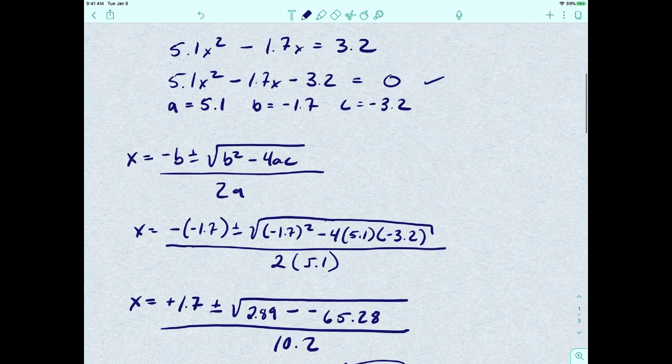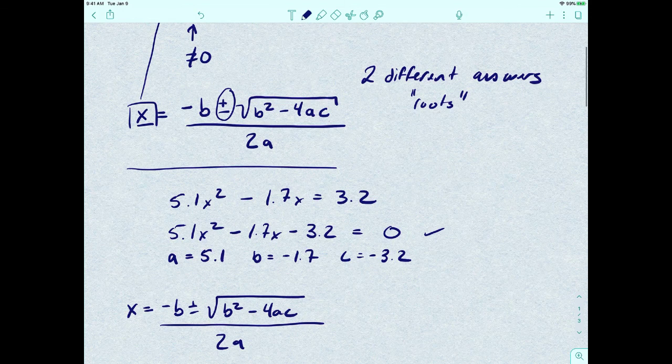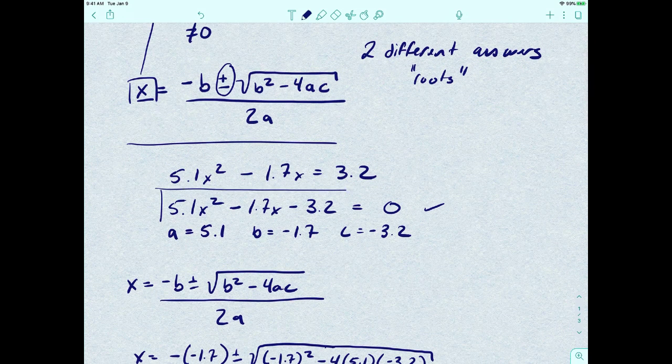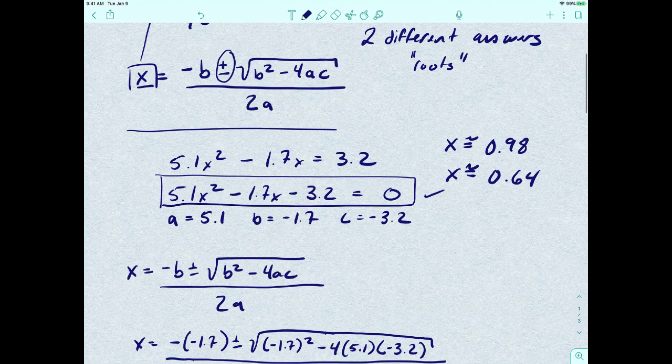So popping this all in, here was the original equation. What I'm saying is that to make this all true, x would have to be equal to 0.98, or x would have to be equal to negative 0.64. And that would get the expression to 0 or very, very close to 0.